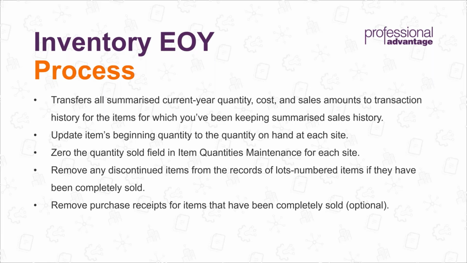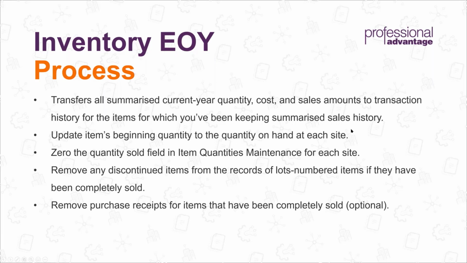But in the back end, GP is actually doing a lot of data shuffling to get the year-end process correct. So things like transferring or summarizing the current year quantity, cost, and sales amount to transaction history for the items for which you've been keeping summarized sales history.